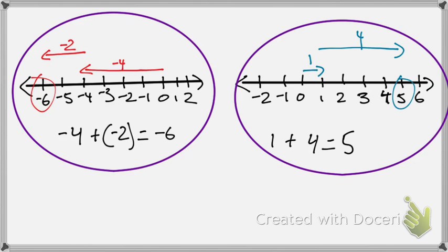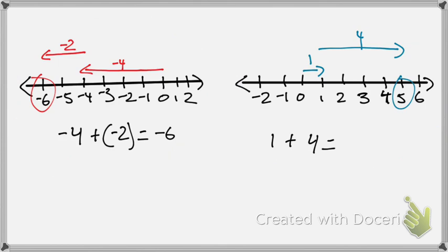You notice the problem on the left, both numbers we're adding are what? They're both negative numbers, right? And since we're adding two negative numbers, where do negative numbers take you? Negative numbers take you to the left, like we see here, and here.